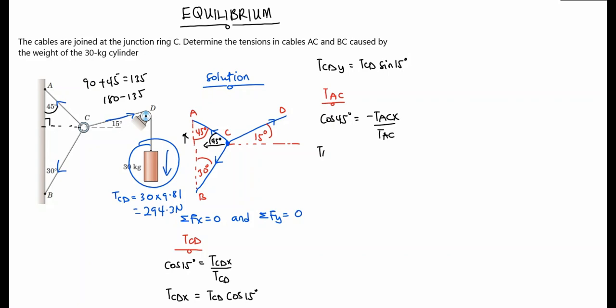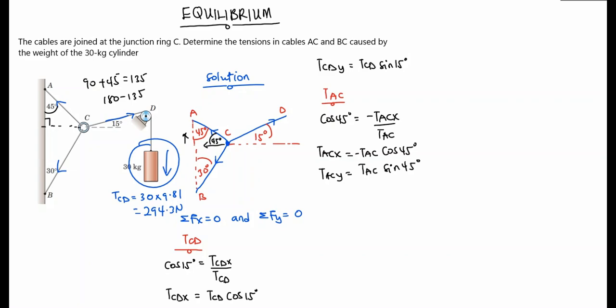We're going to have TACX to be equal to minus TAC cosine of 45 degrees, okay? And then you're going to have the Y component, TACY, to be equal to TAC sine of 45 degrees, okay? This is what you are going to have.